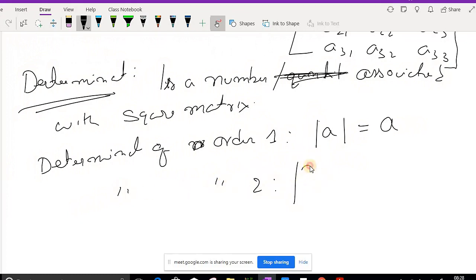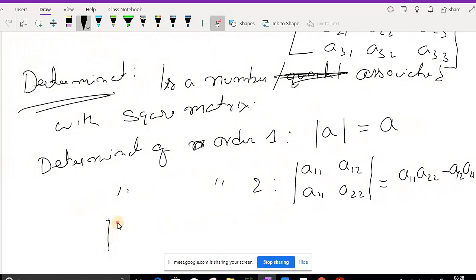The order 2 matrix is A11 A12 A21 A22, so the determinant will be A11 into A22 minus A12 into A21.